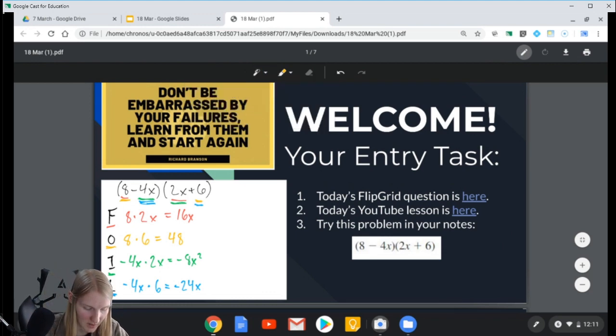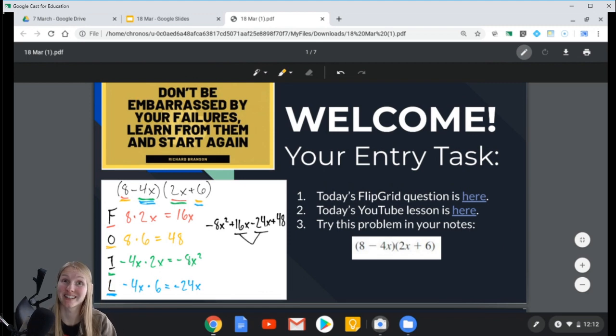So we have negative 8x squared plus 16x minus 24x plus 48. Ooh, almost ran out of space. That was close. And remember that anytime I have two terms with just an x, I can combine like terms.